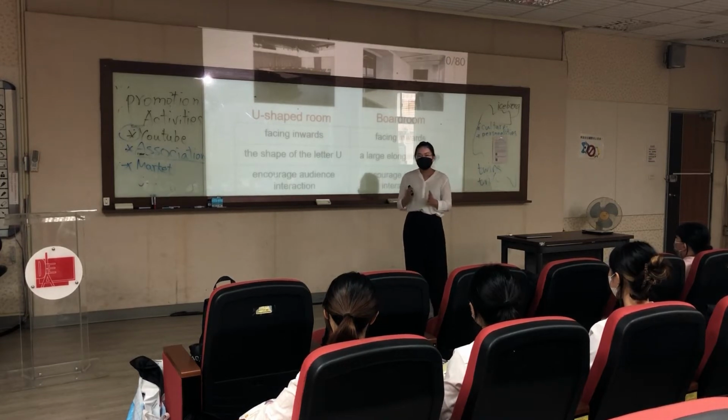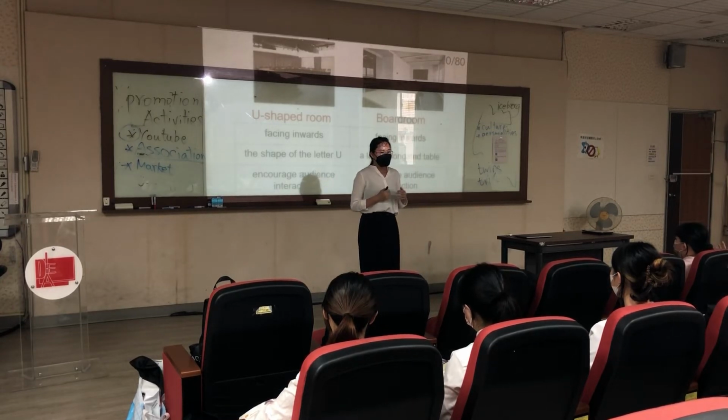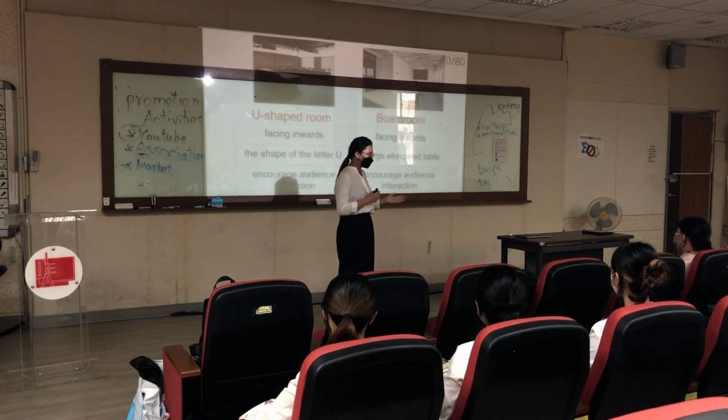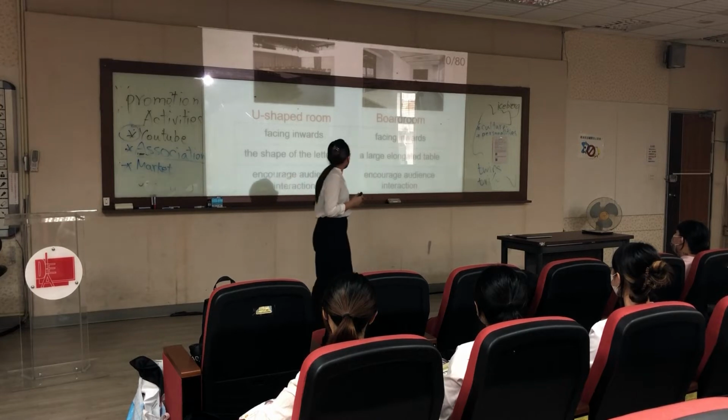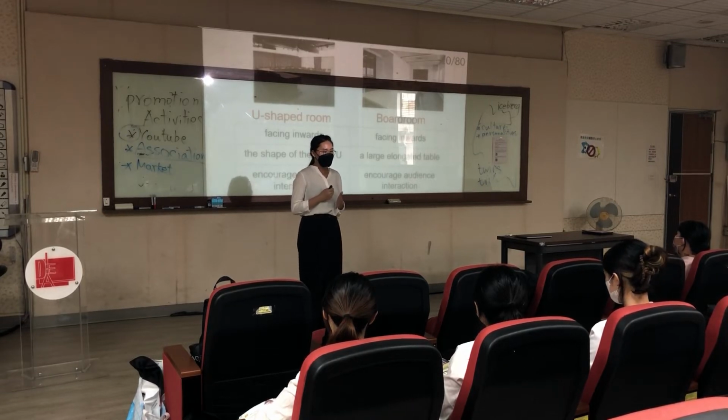Now I'd like to compare the U-shaped room and the boardroom. The U-shaped room is just like the ordinary seating arrangement of 3401. The audience is facing inward, so that it helps encourage their interaction.